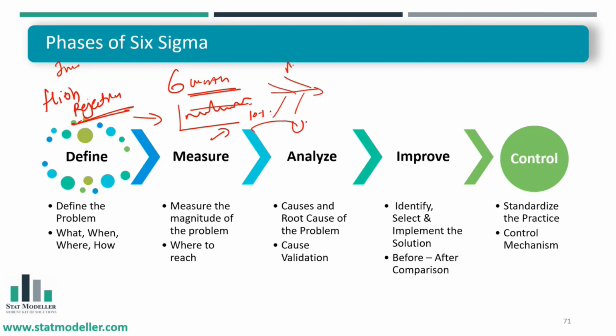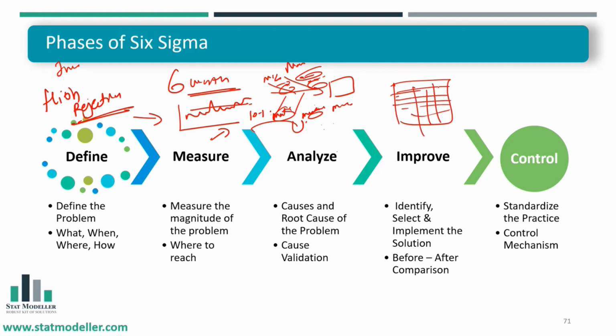Now this rejection may be due to man, machine, material, method, measurement. Likewise, it will be there. So all these causes will be identified. Root cause analysis will be done, and out of this, some of the causes will be validated. Once validation is done, there will be an improvement plan, where solutions will be implemented, and then a before-after comparison will be done.